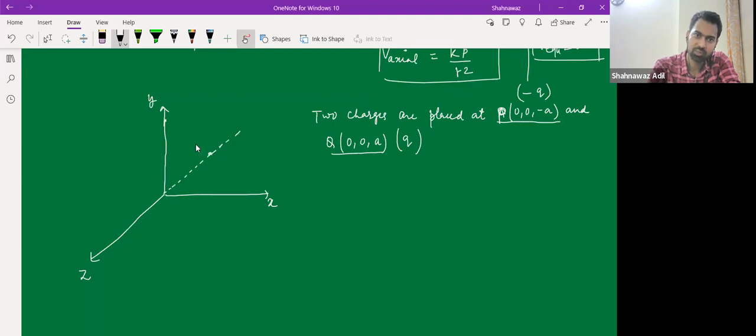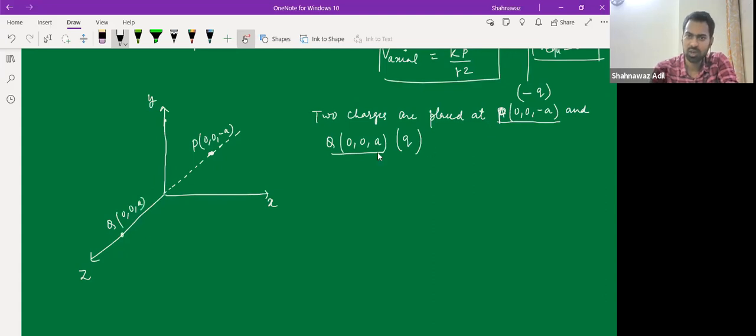So let's say this is point P, which is (0, 0, -a), and then we have this point Q, which is (0, 0, a).